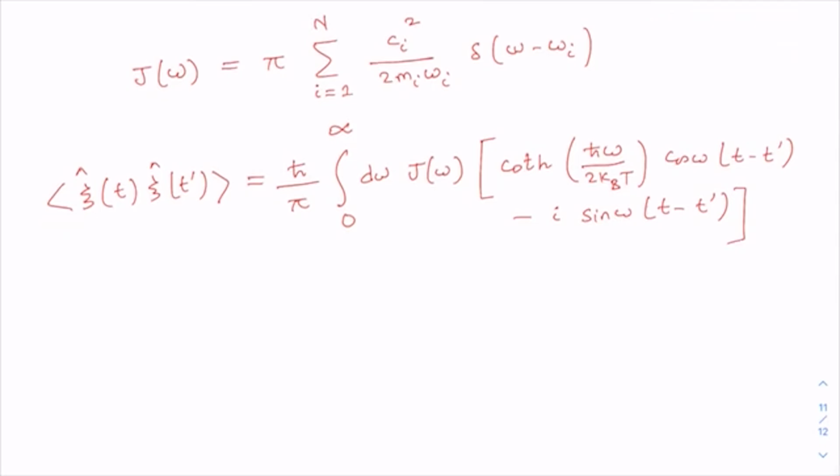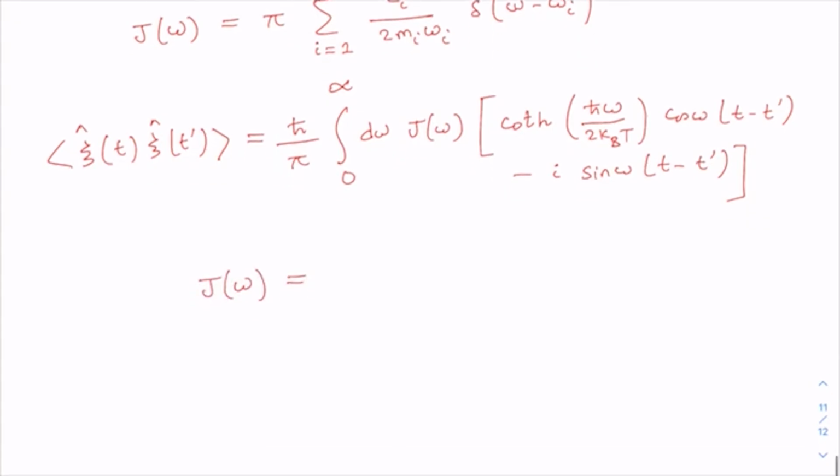Now as in the classical case, here also let us go for ohmic damping because we are interested in Markovian processes.